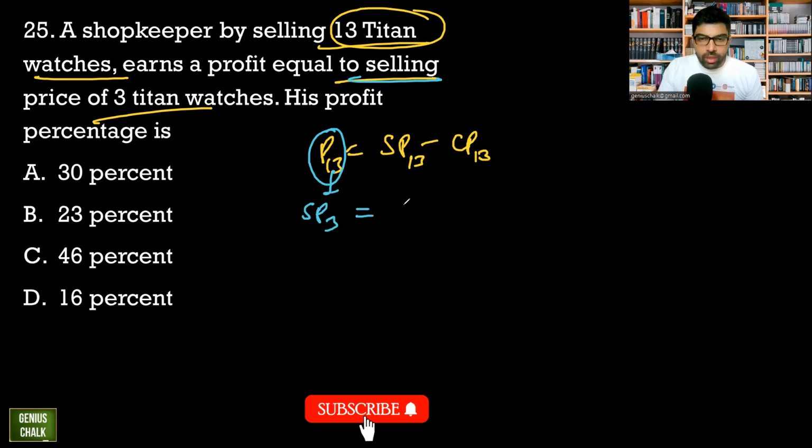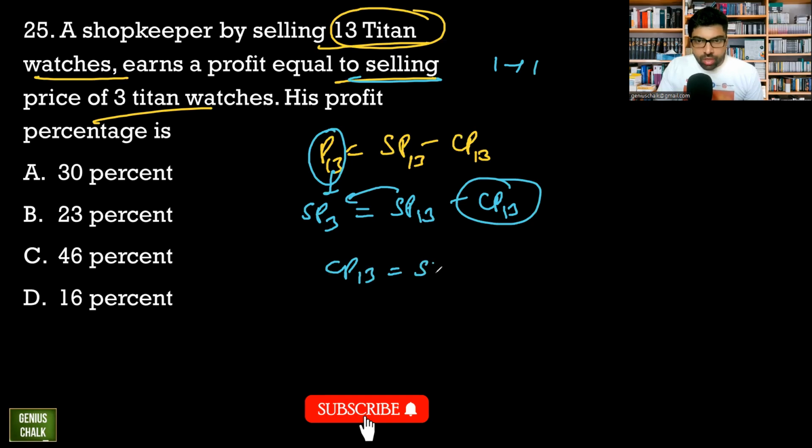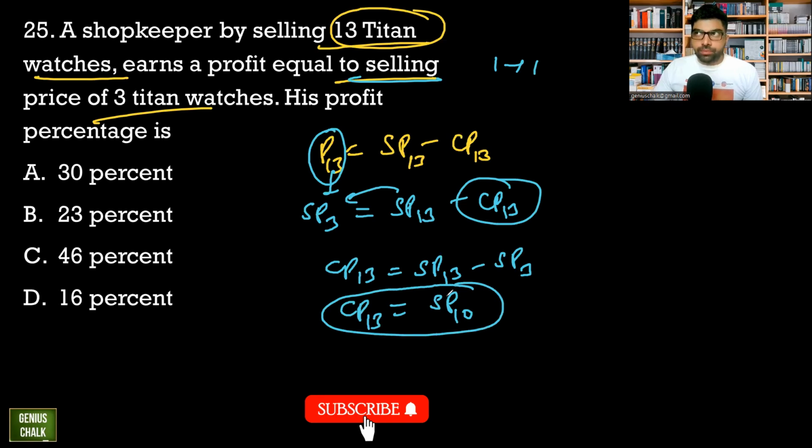So selling price of 13 minus cost price of 13 equals selling price of 3. So cost price of 13 watches must be selling price of 13 watches minus selling price of 3 watches. That is selling price of 10. So cost price of 13 is equal to selling price of 10.